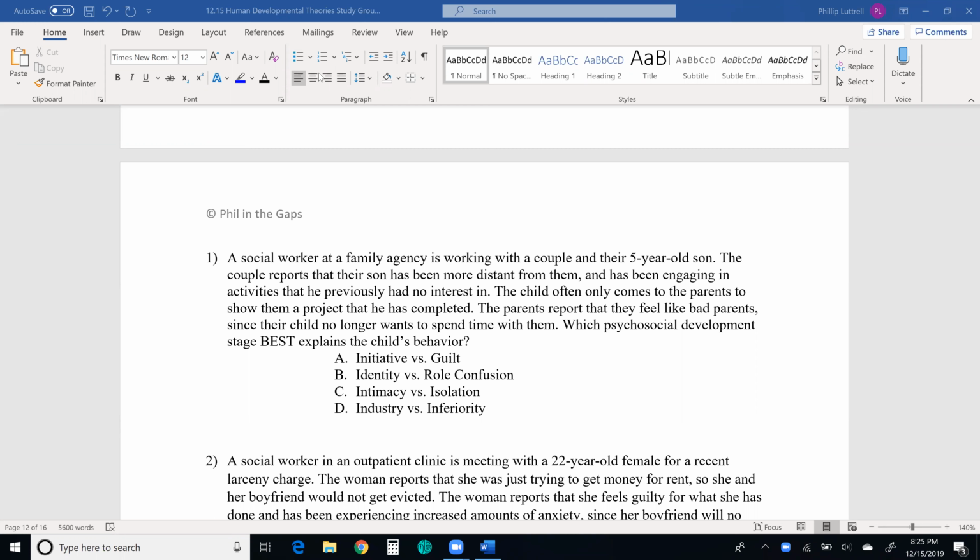The majority think it is A. Second place is B. Third place is D. Fourth place is C. Let's look at it.